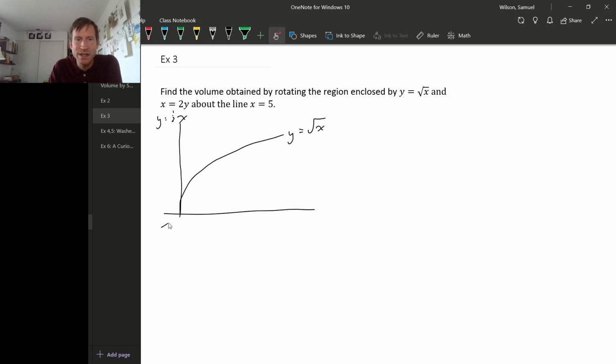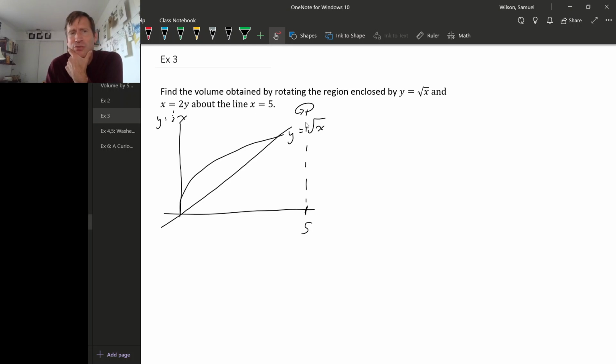So that looks like this. So there's the region that we're rotating. And we're rotating this about the line x equals 5, which is over here somewhere. So we're rotating it around here.